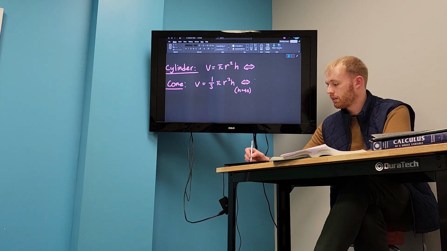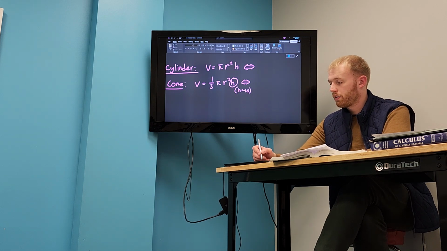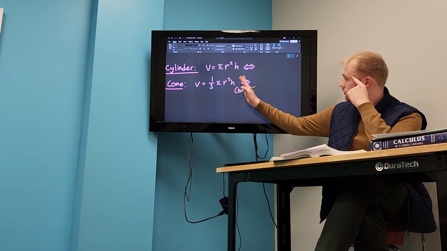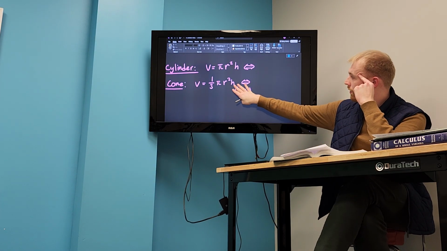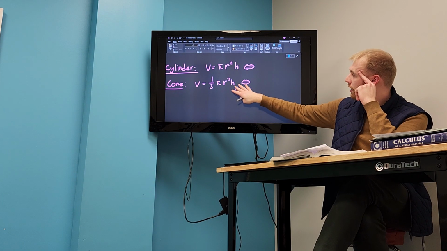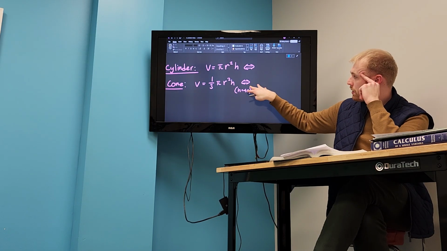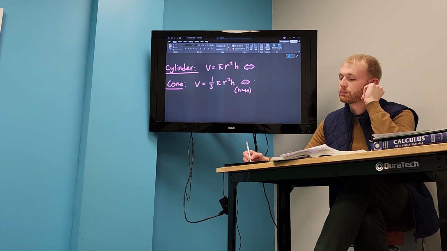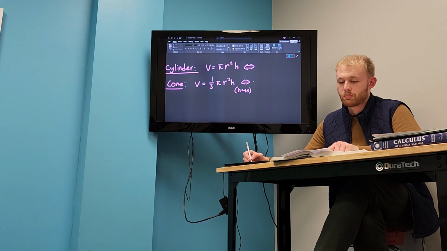Yeah, so if we plug in 4.5 for h, how would that simplify down with all of those new constants? We have 4.5 here, 1/3, and pi. Can we simplify some of these pieces down? So it'd be 4.5 over 3 times pi r squared.